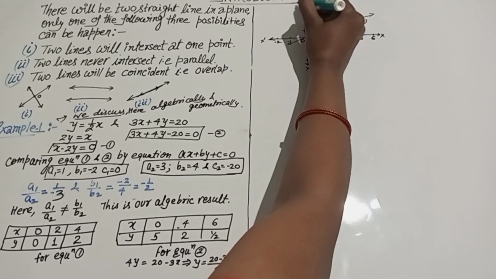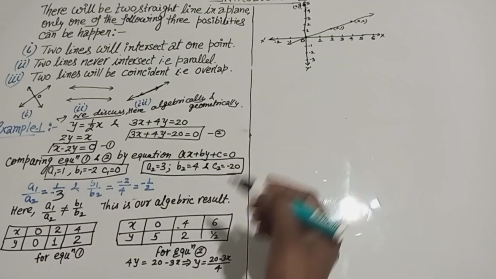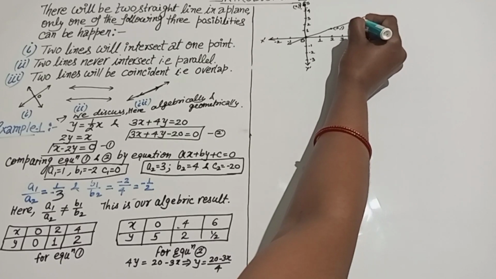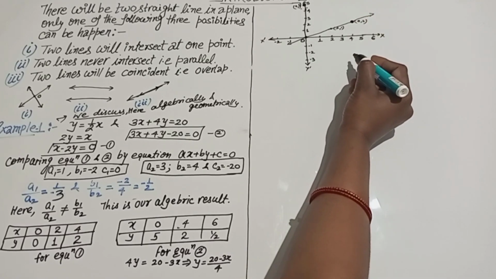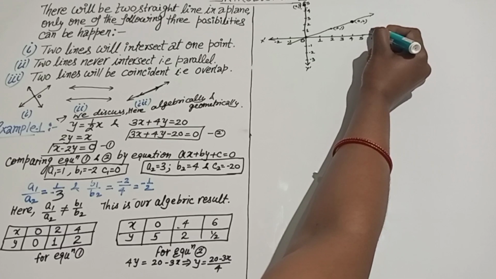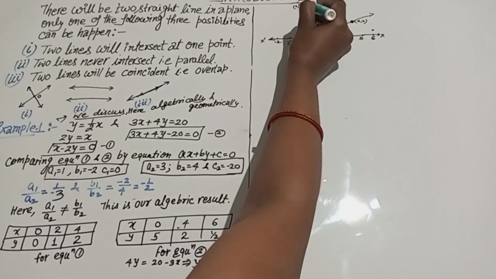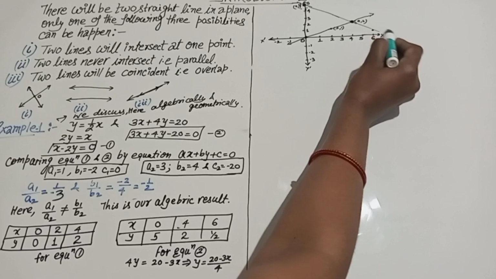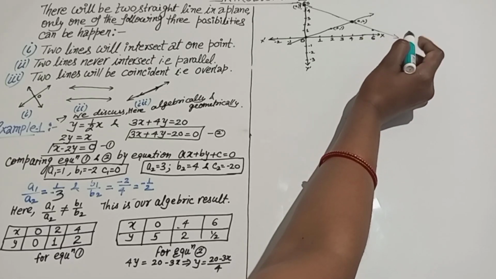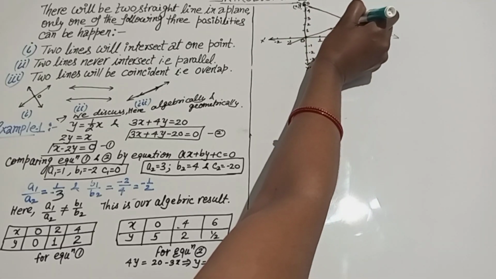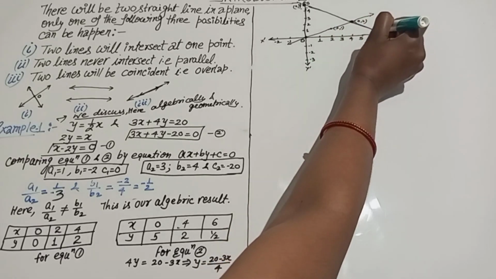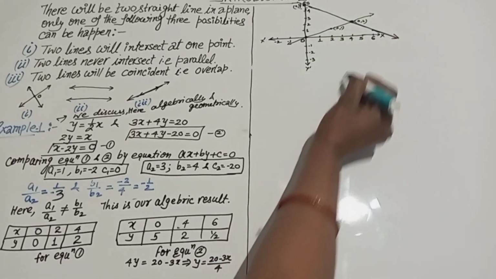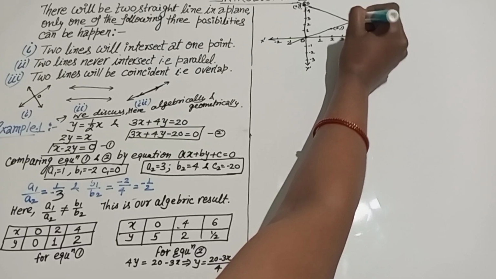And 4, 2 is here. Again, 6.5 is here somewhere. So here they intersect at.